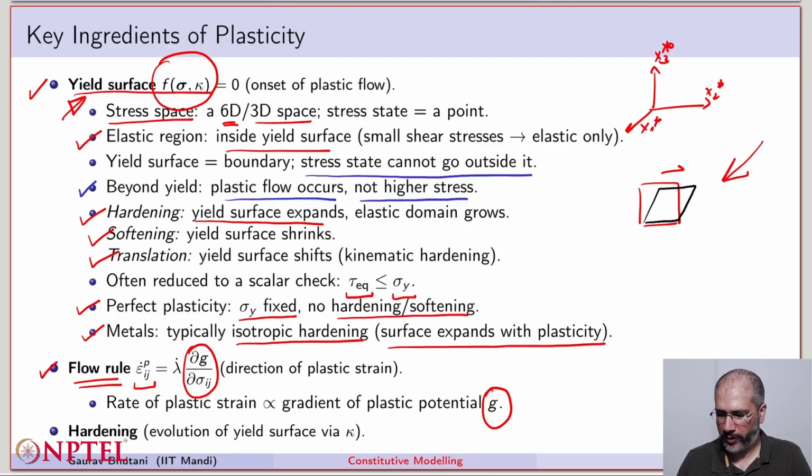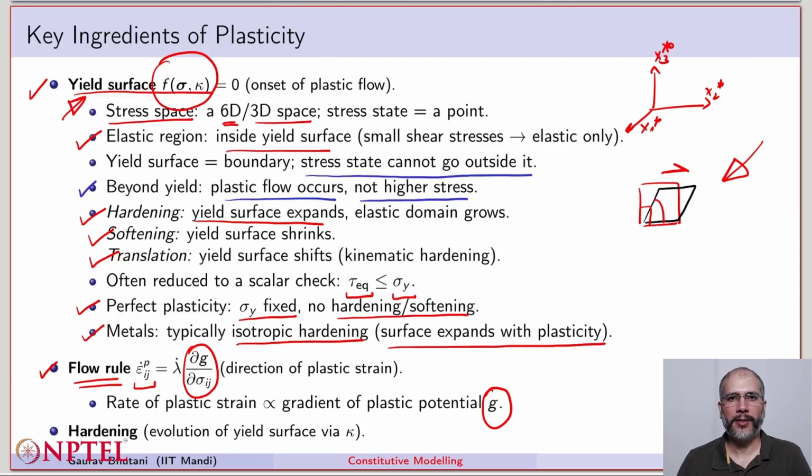If you look at this figure again, if you apply a stress in a certain direction, like here, you see that the angle is changing like this. This helps us understand the direction in which the plastic strain is getting accumulated in the material. Of course it has to depend on sigma, and it also depends on some other properties.